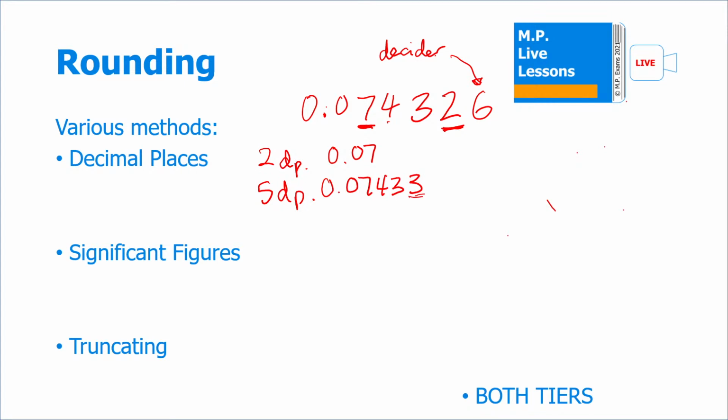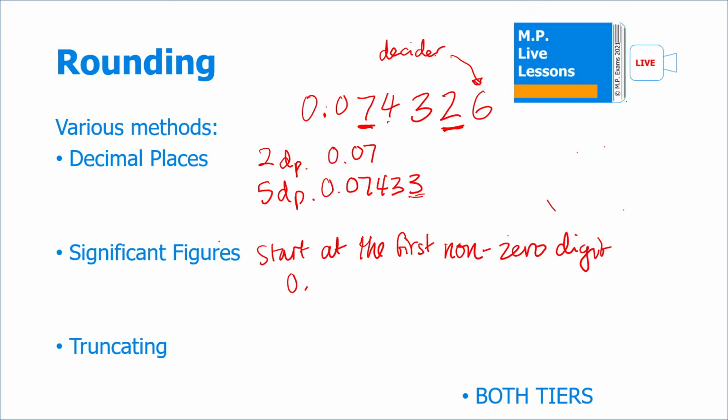Another thing you could do is round to significant figures. This is where the significant figures start at the first non-zero digit. For example, in that decimal, this is your first significant digit, so that's 7 there.